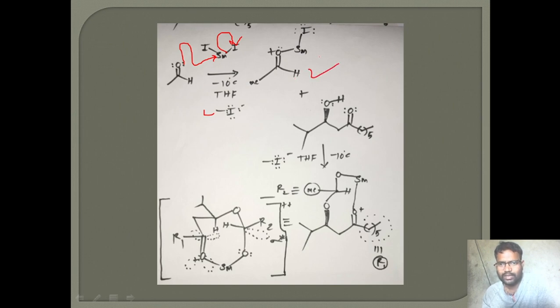After formation of this intermediate, what is going to happen? There is a presence of this substrate. These lone pair will attack the pi star orbital of this system like this, and the pi bond breaks, and these two electrons shift onto this oxygen, forming this system.